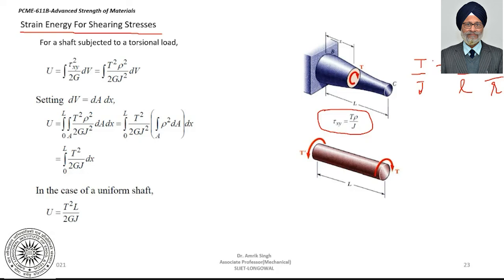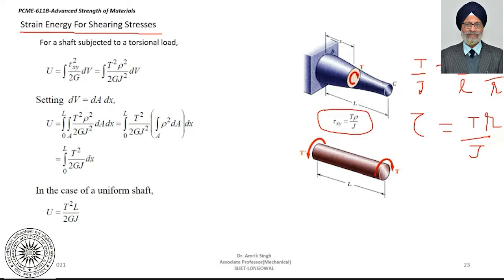So you can make use of this and find out tau is equal to T into R divided by J. This is the same equation.